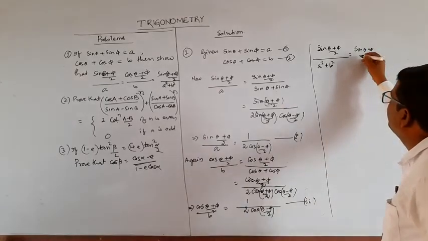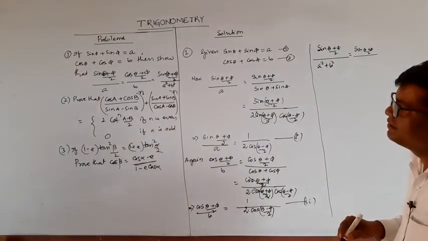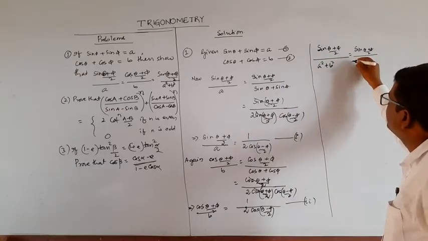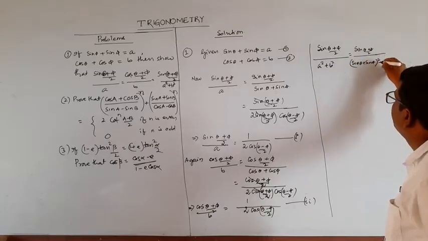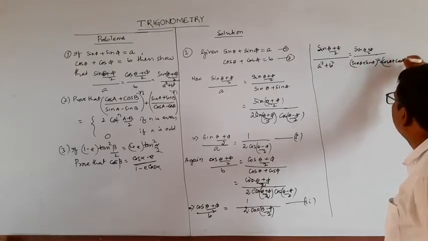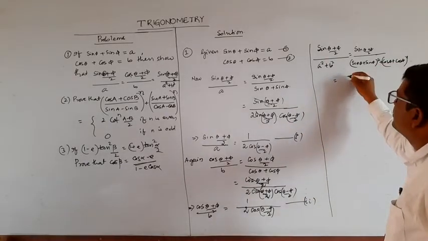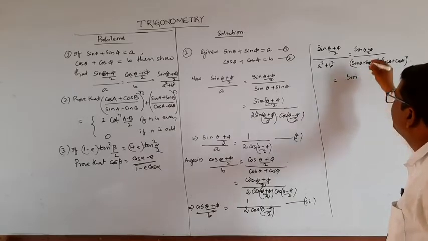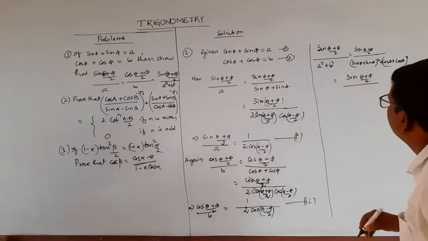A square plus B square means (sin theta plus sin phi) whole square plus (cos theta plus cos phi) whole square. So this is equal to sin((theta plus phi) by 2) whole divided by this.